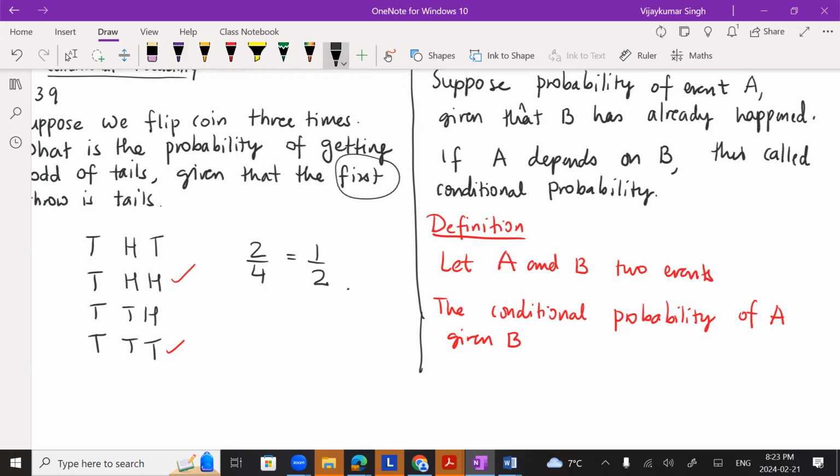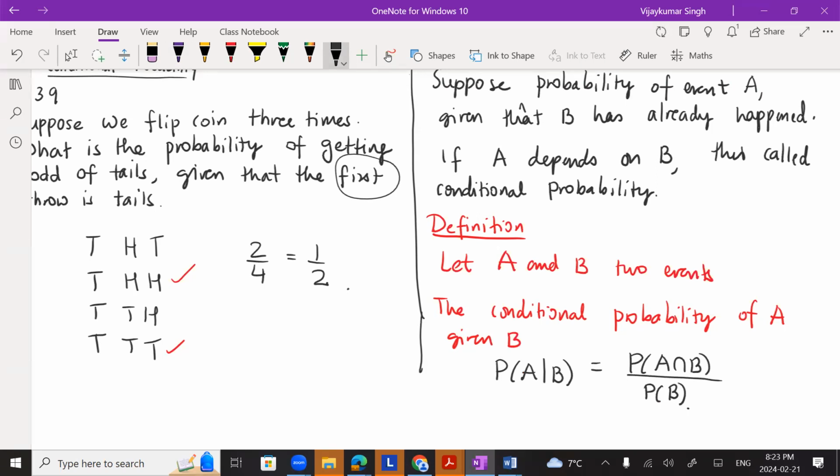You say P, you read this as probability of A given B has already happened, or you say read this as probability of A given B. This is going to be probability of A intersection B divided by probability of B.